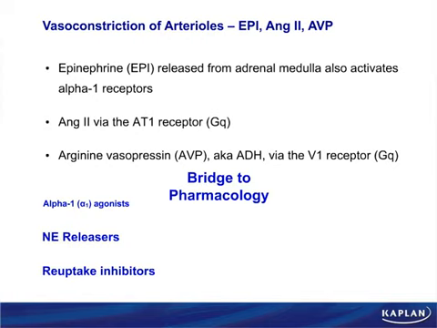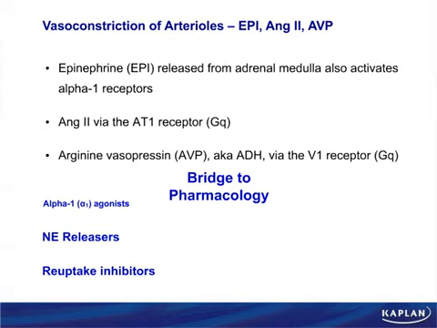If you said phenylephrine, yeah, that's the classic. We could also give drugs that cause the release of norepinephrine. Do we remember drugs that will cause release of norepinephrine? If you said ephedrine, excellent. If you said amphetamines, excellent. And the other one was, maybe you said tyramine, excellent.